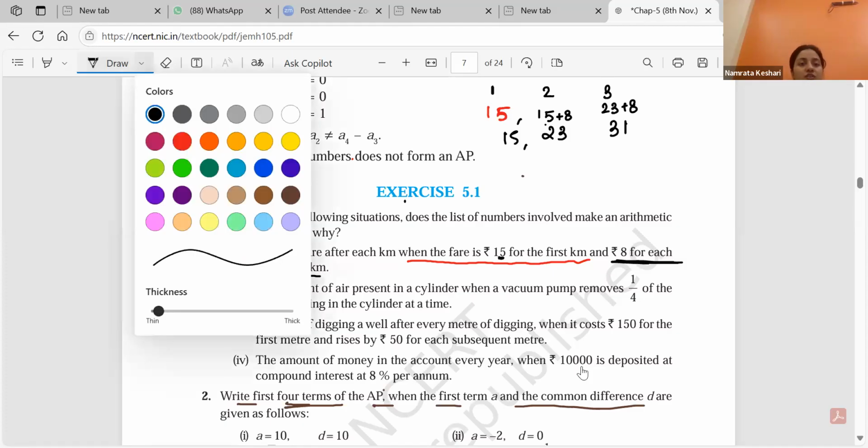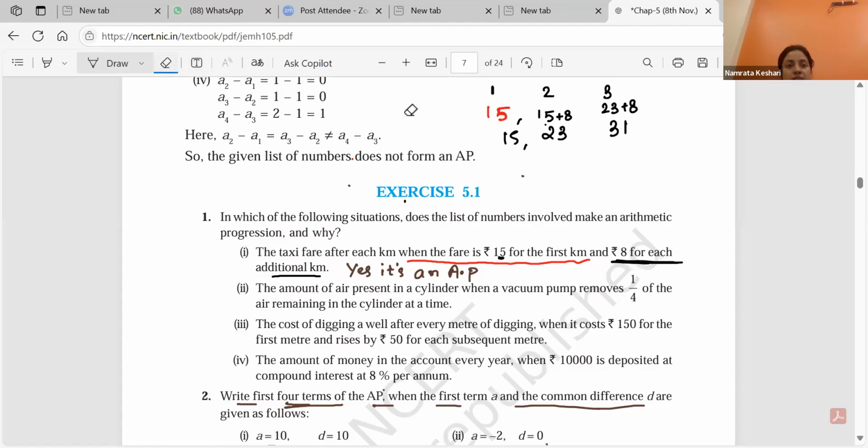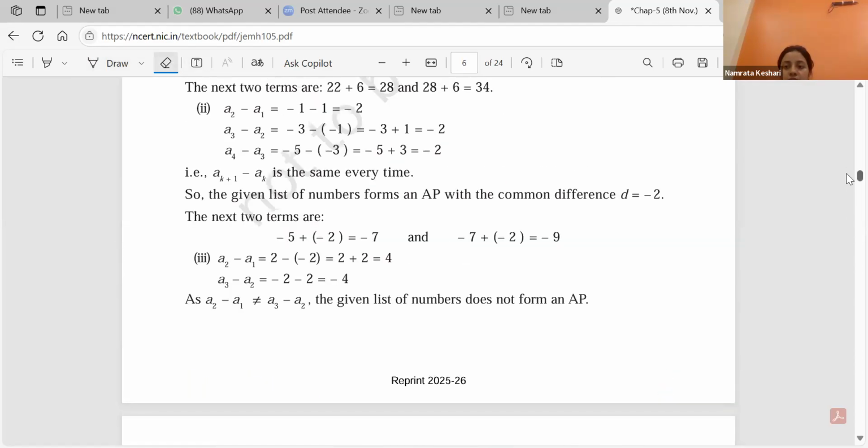If you want to check, you can check it. Here the differences will be the same. Getting it, everyone? Yes. Is it clear the given situation is representing an AP? Let's do the next one.